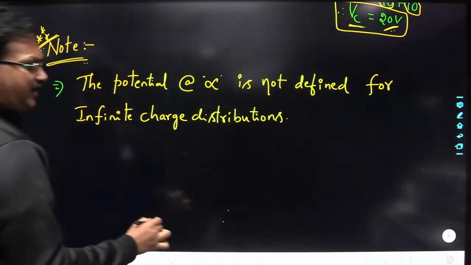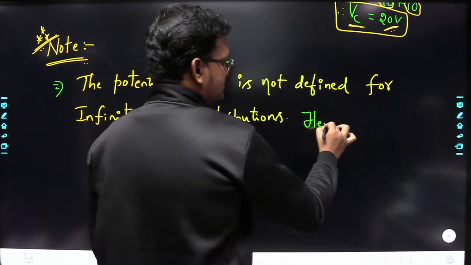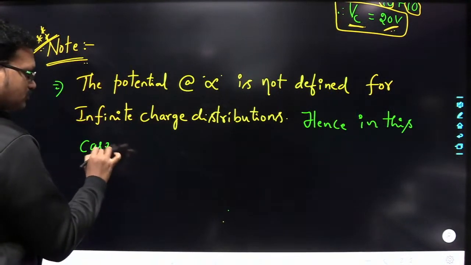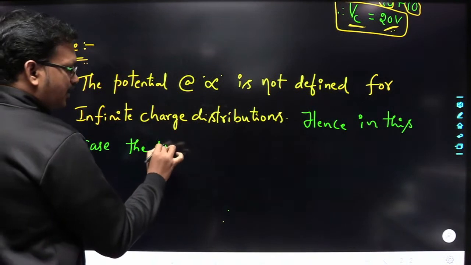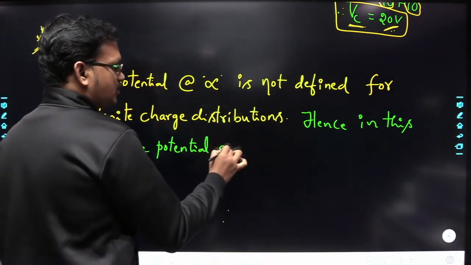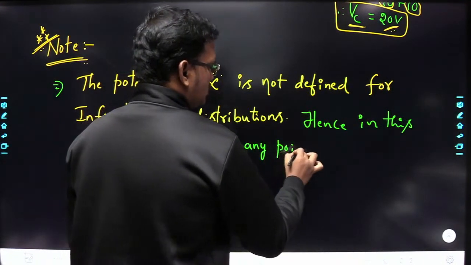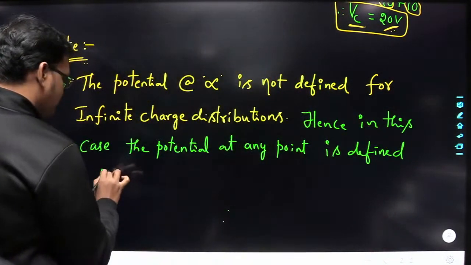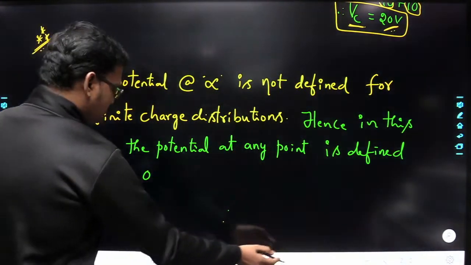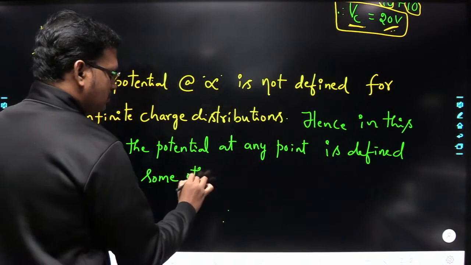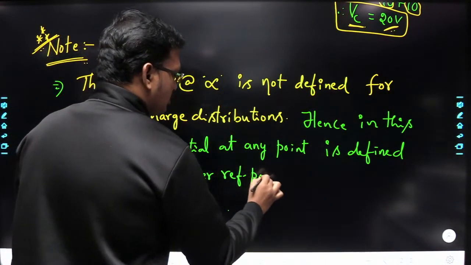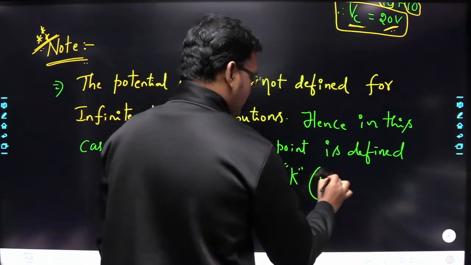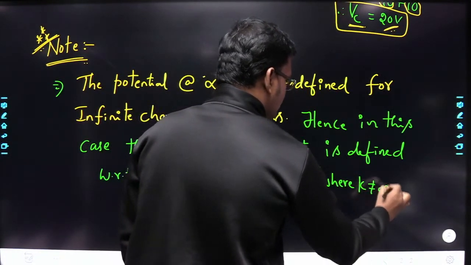Hence in this case, the potential at any point is defined with respect to some other reference point, let us say k, where k is not equal to infinity.